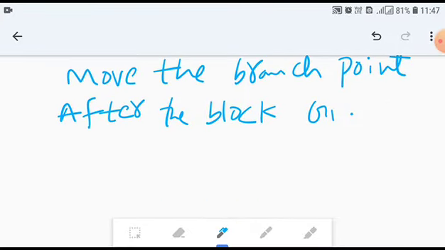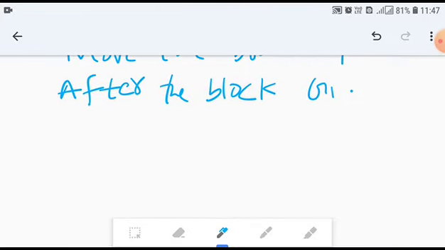Okay, now we have to draw again the same block diagram by shifting it. And now here we are going to use the rule for what adjustment we have to make whenever we shift the branch point or takeoff point after the block.